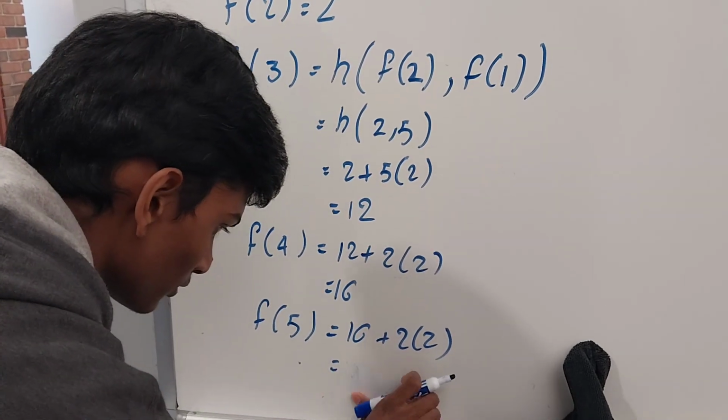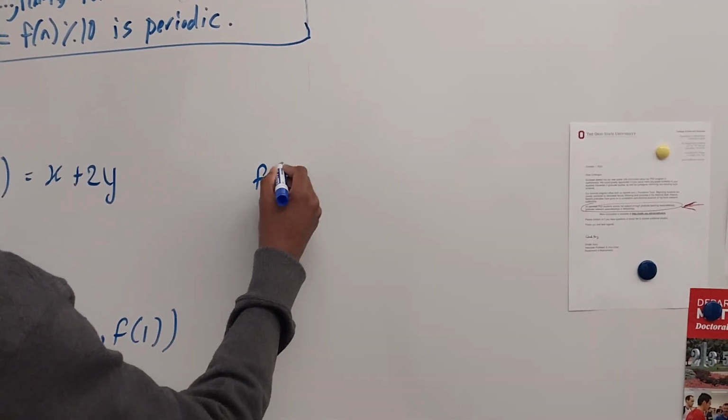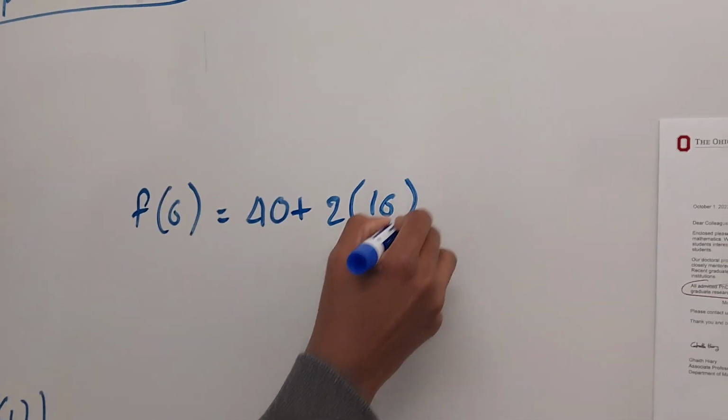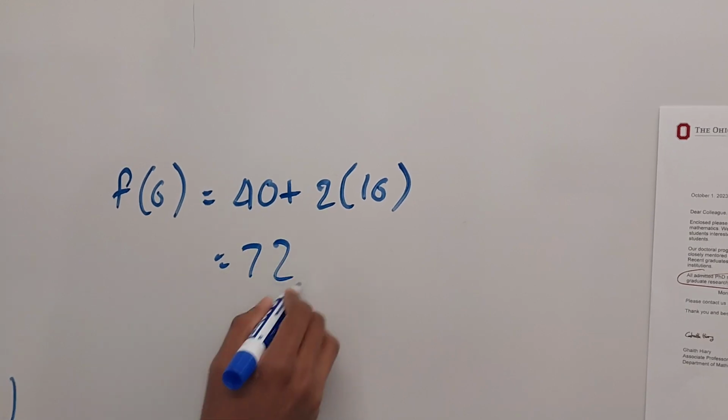I agree. Even the best of us make mistakes sometimes. How about f of 6? F of 6 is going to be 40 plus two 16's, right? So that's going to get us 72 by my count.